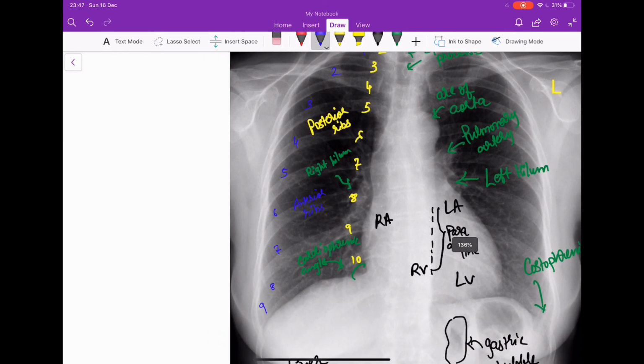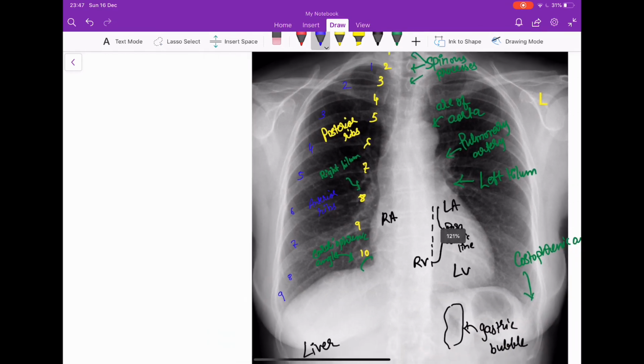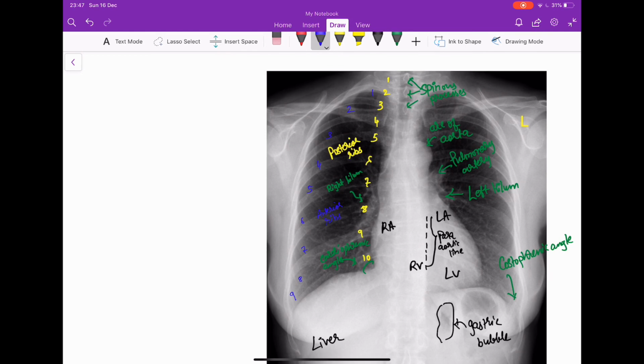Also on both sides we will be able to see the shadow of the scapula. This will be the right scapula, and the left scapula respectively. Above it is, as we know, the clavicle.